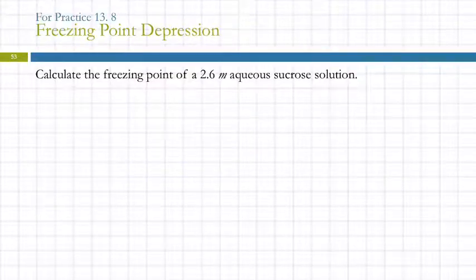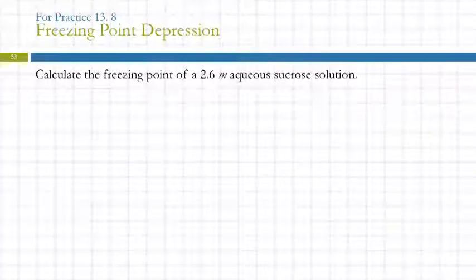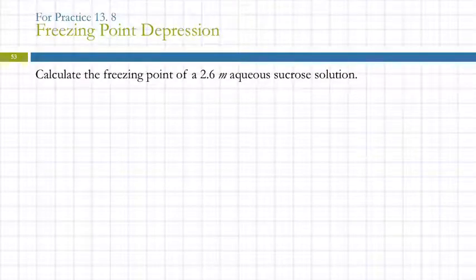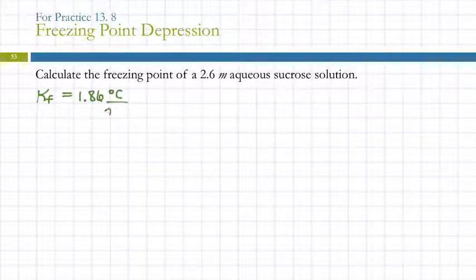Let's calculate the freezing point of a 2.6 molal aqueous sucrose solution. So the word aqueous tells us that this has water as the solvent. We're going to need the freezing point depression constant, so I'm going to go back here. It's 1.86. So Kf is 1.86 degrees Celsius per molal.